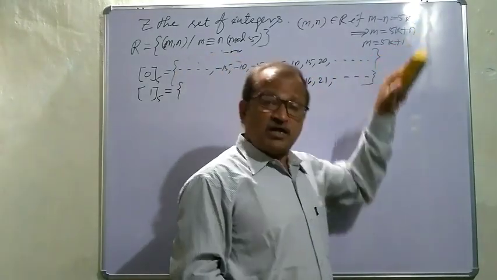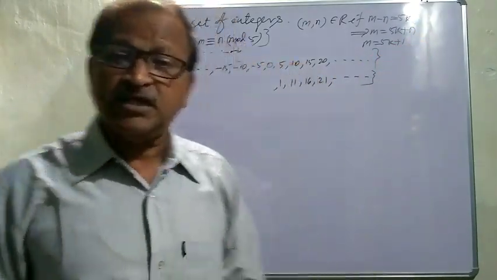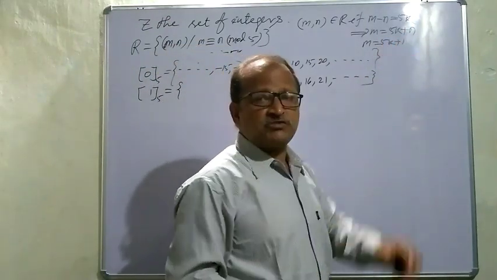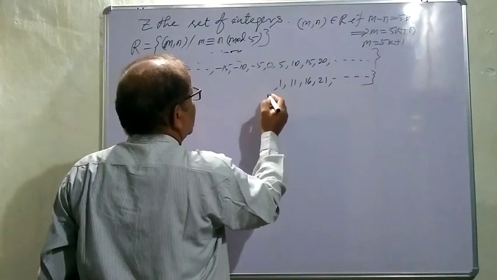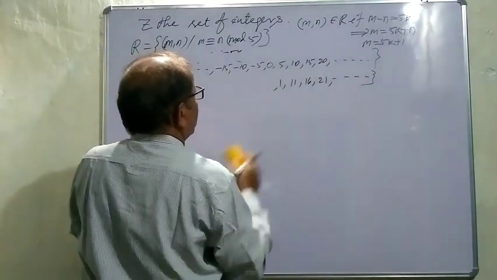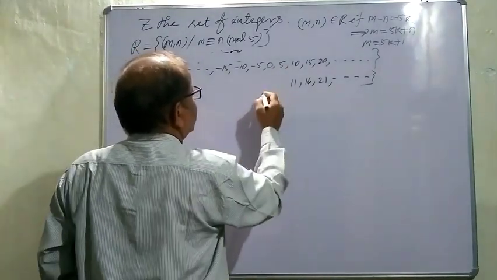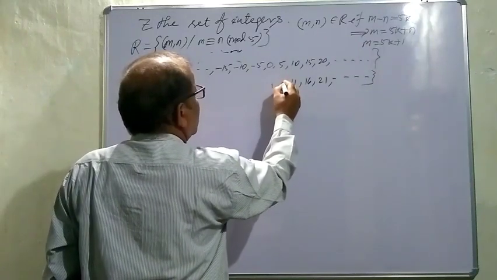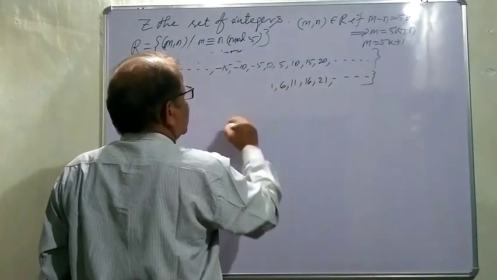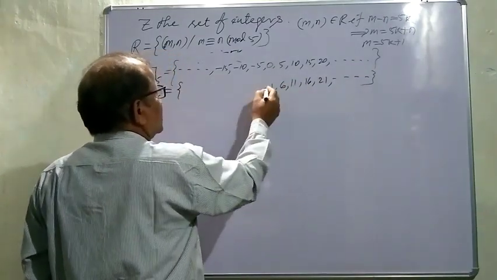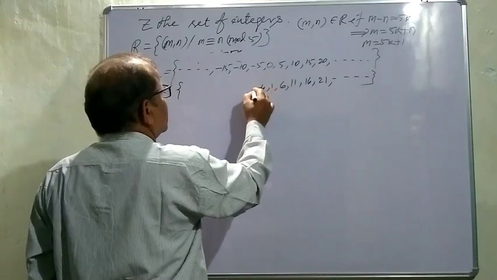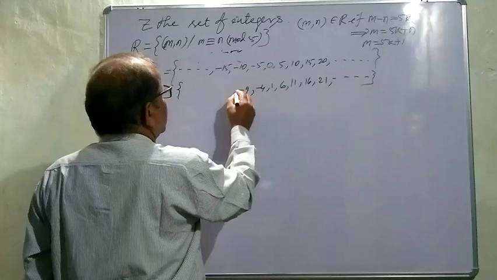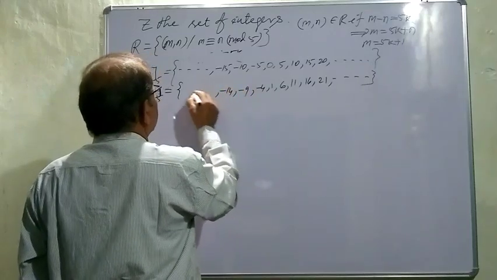For k equal to minus 1, k being any integer, minus 5 plus 1 is minus 4. Arranging it in proper order: 1, 6, 11, then minus 4, then minus 9, minus 14.